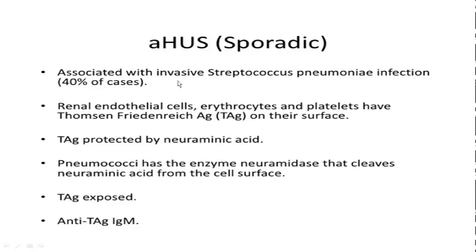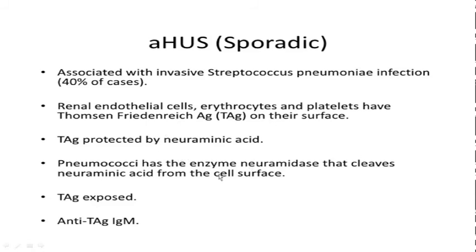Then the atypical one is the invasive streptococcal pneumoniae infection associated type, where renal endothelial cells, erythrocytes, and platelets carry the Thomsen-Friedenreich antigen on their surfaces, which is protected by neuraminic acid.